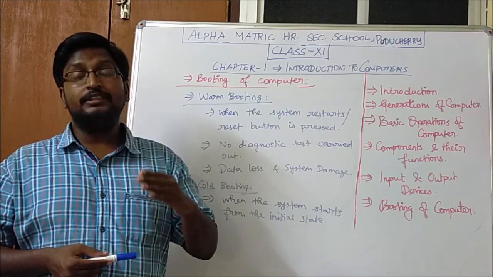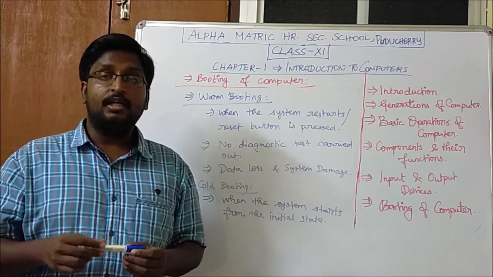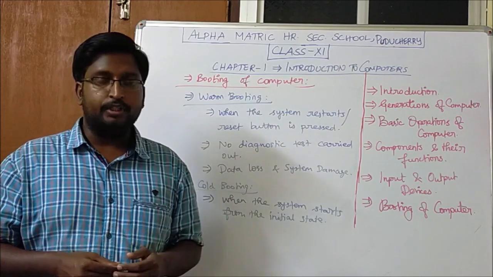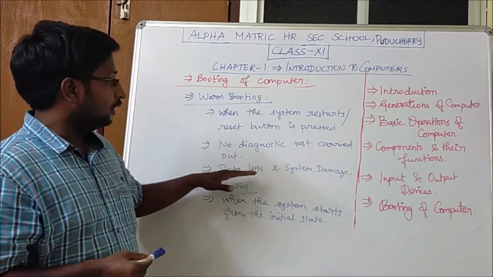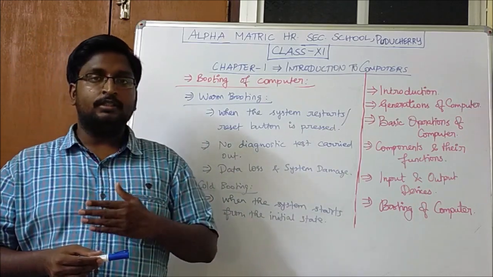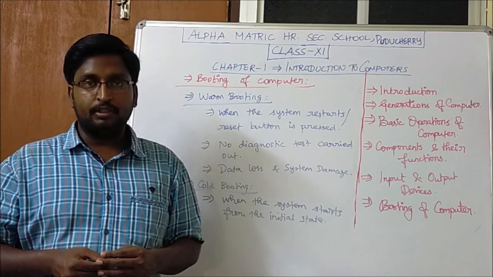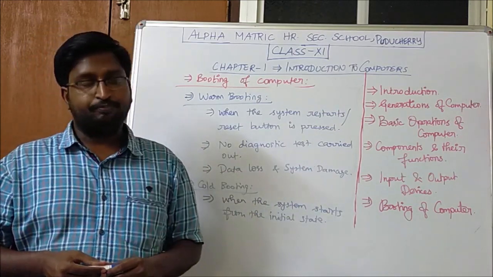That kind of booting is called warm booting, because the computer is in a warm state. No diagnostic tests are carried out at that time. Because of restarting the computer in the warm state or pressing the reset button, data loss may occur and the system may get damaged.